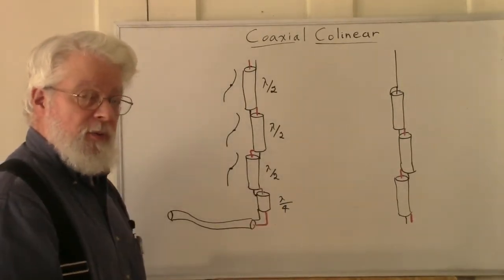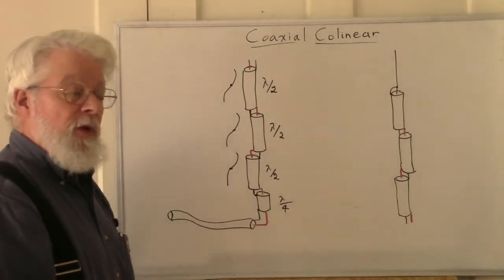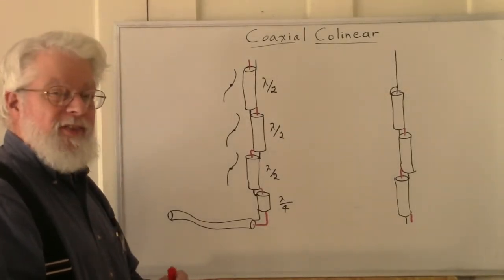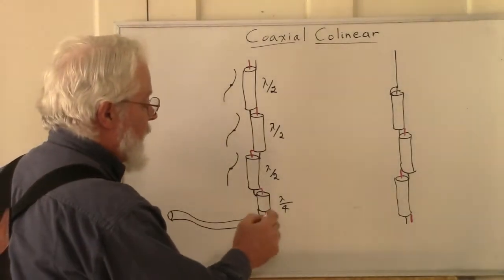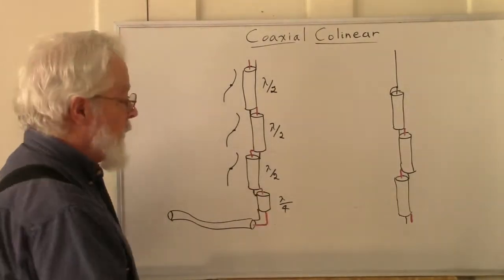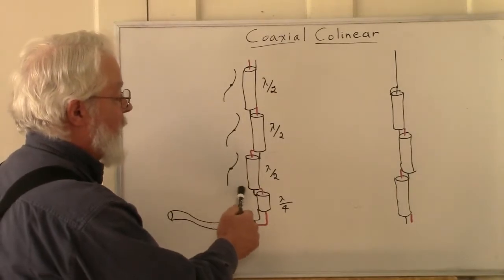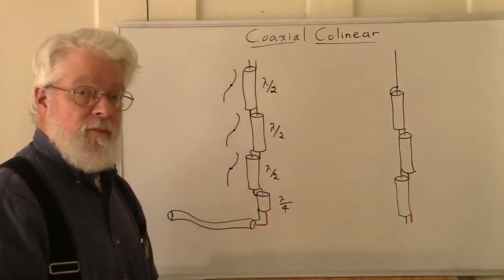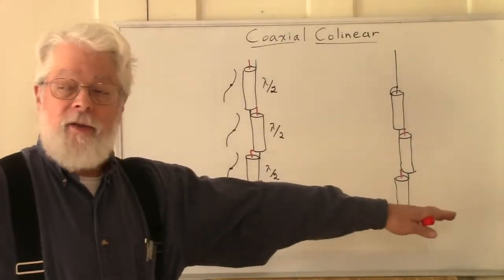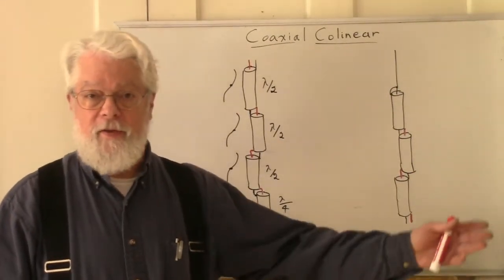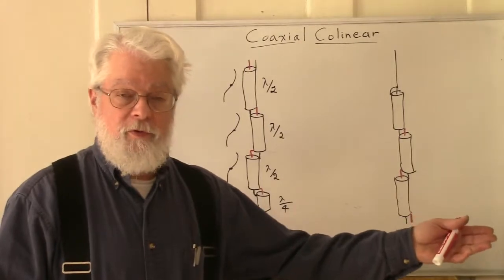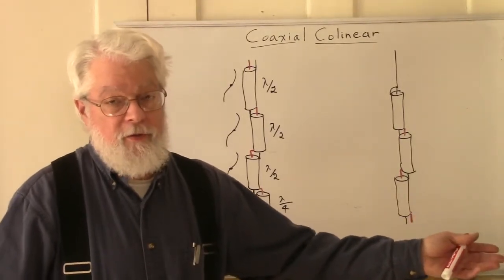Because what do we know about quarter wave sections? Quarter wave sections invert the impedance seen at its opposite end. So if this is a voltage node at this point, obviously it has to be a voltage node, it's a half wave dipole. You take any dipole hanging in the air and it's connected to nothing out at the far end. So that has to be a voltage node. Can't be any current flowing in, there's nothing for it to flow in.